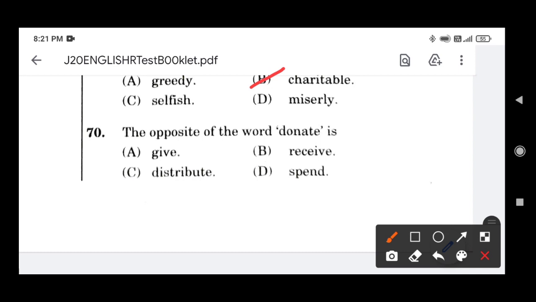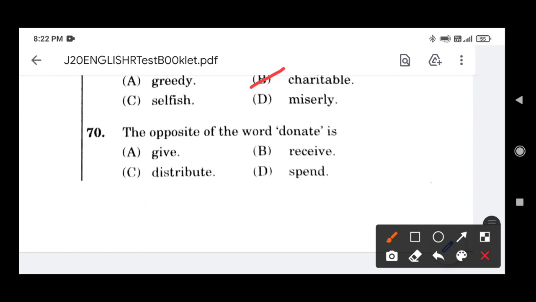Friends, already I told you about synonyms and antonyms. There is a compulsory question based on either synonym or antonym, that is, the opposite word. Here in this passage, a couple of words are covered. One is synonym and the other is the opposite word, that is antonym. So we'll see the question.